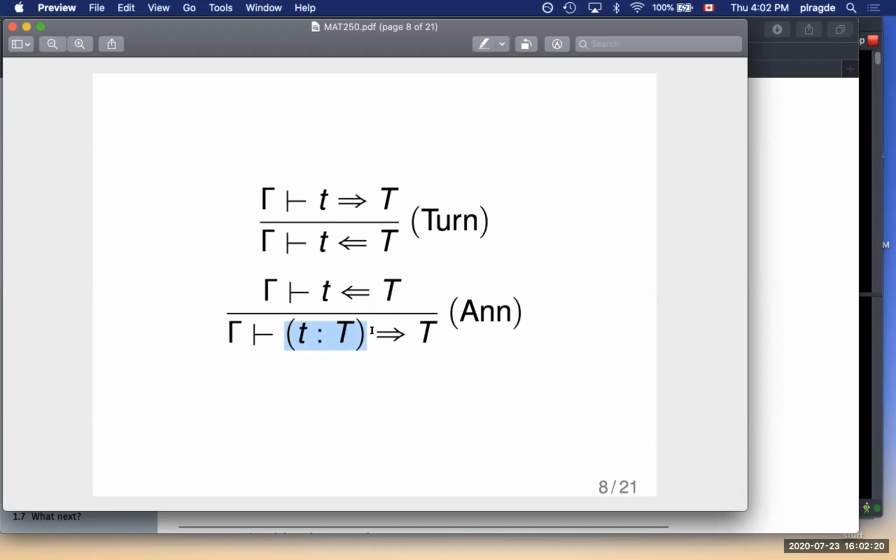So if we're asked to synthesize an annotated term, then we just check. And the code does that. Now, this still doesn't cover all situations, but the situations that it doesn't cover, we have to raise an error because we cannot carry out the task.